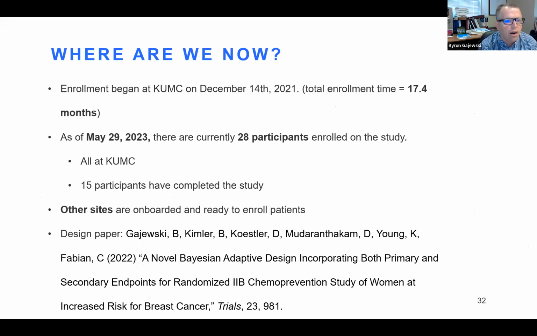Other sites are onboarded and ready to enroll patients to become participants. We still have yet to have our second site enroll participants. And the design paper has appeared in Trials, which this talk is based on.